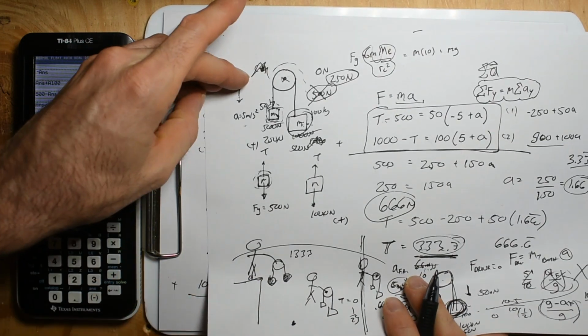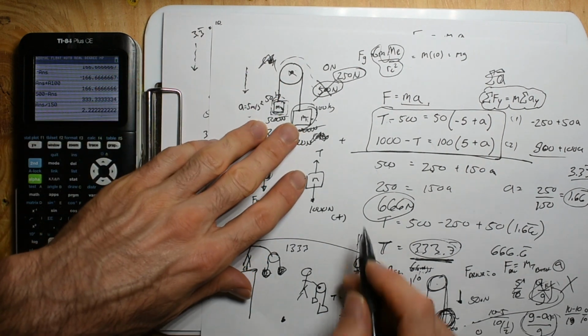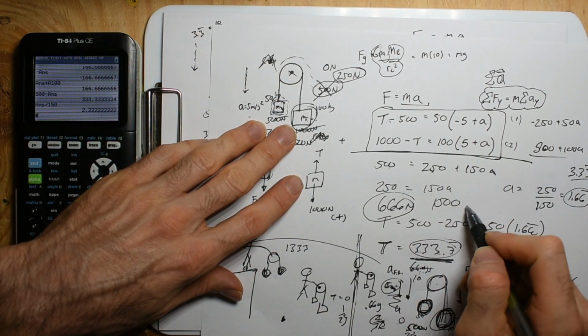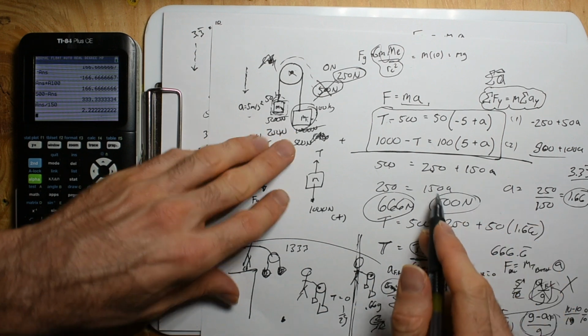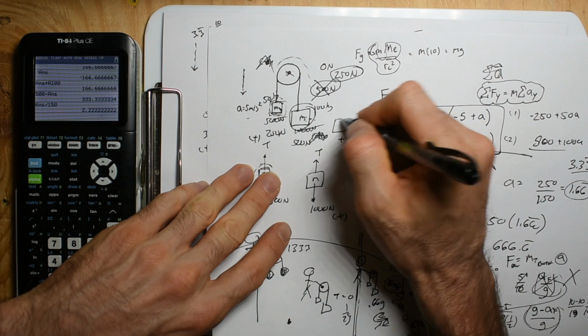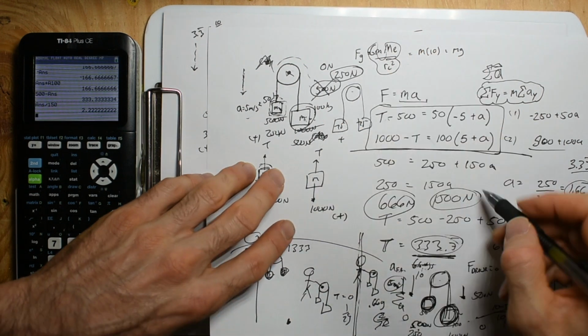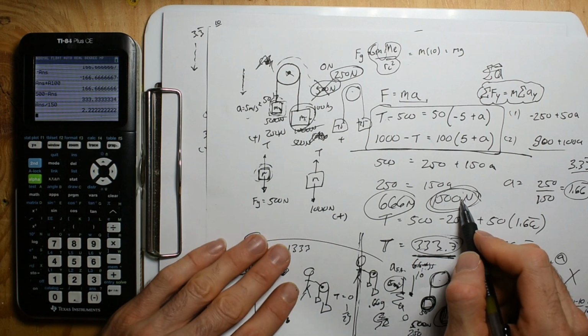So if this is falling at half of gravity, you're not even feeling the 1,500 newtons that you would feel if it was balanced. The only way it's going to be balanced is if they're both 75, and then you're going to feel this 1,500 newtons.